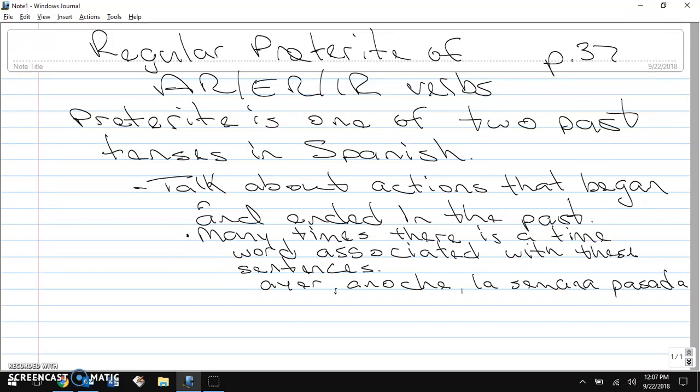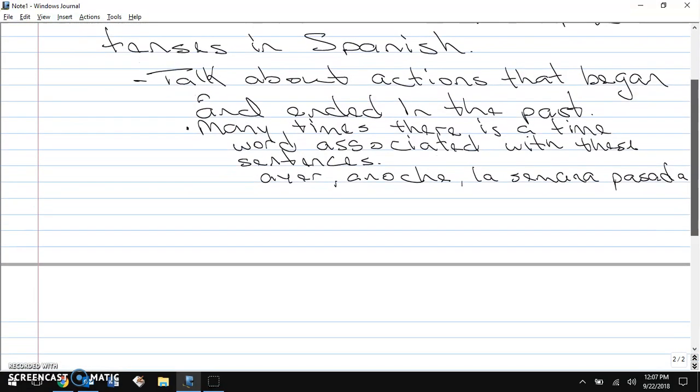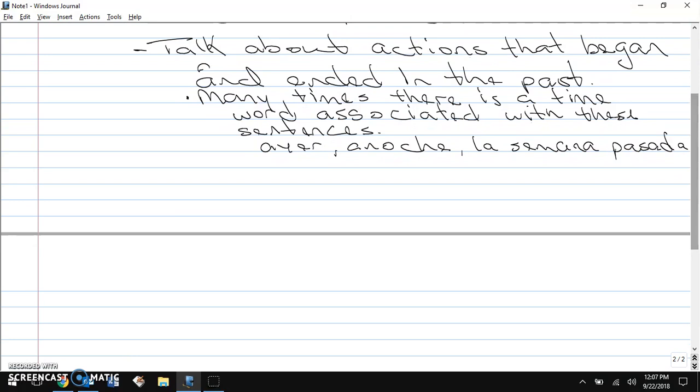Those words just give you a time frame. Ayer is yesterday, anoche is last night, la semana pasada is last week. So, many times there is a time frame associated.